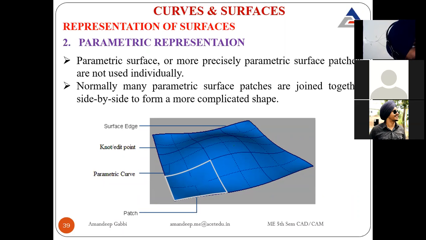As we have already studied, if x, y, and z are dependent on some other variables u and w, then it is called a parametric equation. Normally, many parametric surface patches are joined together side by side. Here you can see a number of patches formed with the help of some curves. Then they are joined together to form a particular surface.